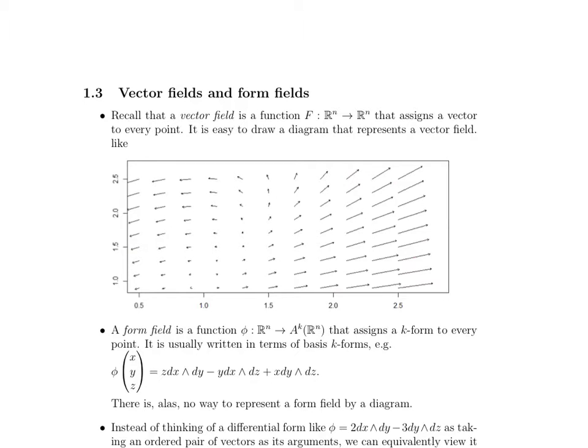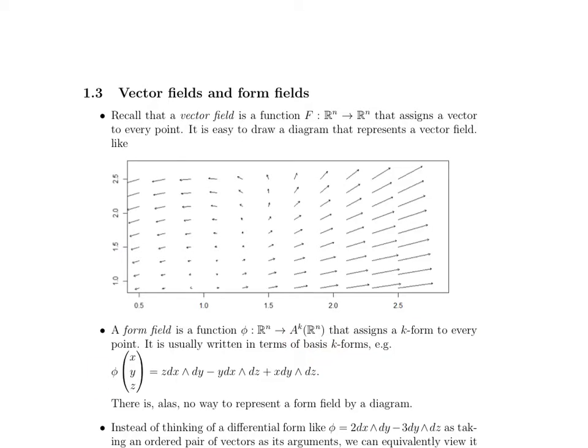Now there's also such a thing as a form field, which maps from Rn to, remember that this is the space of all k-forms on Rn. And so what it does, it assigns a k-form to every point. And it's usually written in terms of basis k-forms.